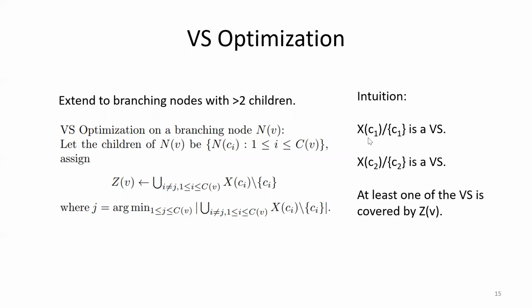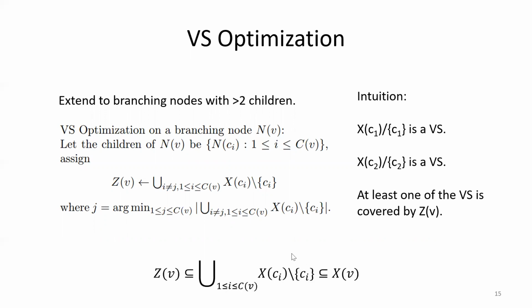So X(C1) is a VS, and X(C2) is also a VS. Thus, as at least one of the vertex separators is covered by JV, that means that JV is also a vertex separator for S and T.